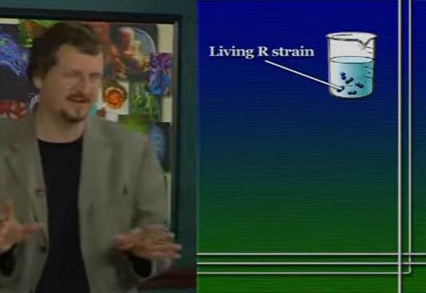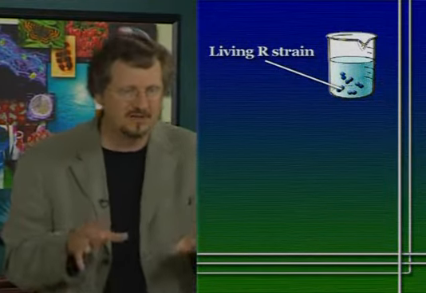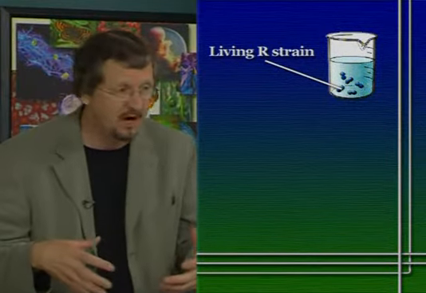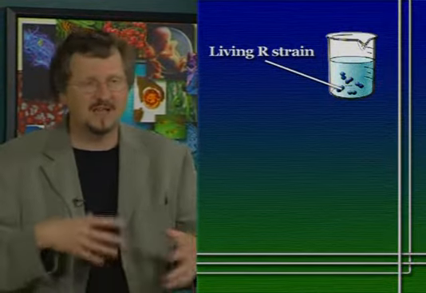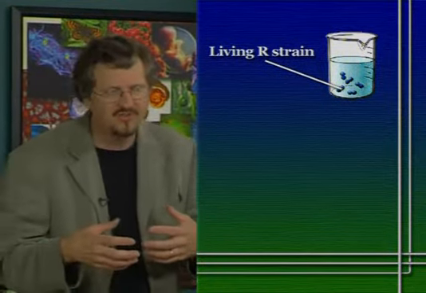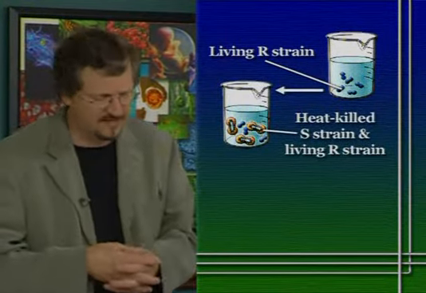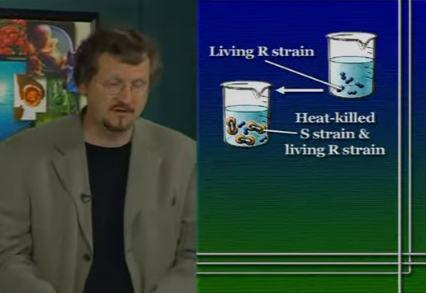The idea here is that the live R-strain bacteria, because they're alive, will induce the organism to develop a full immune response, but it's not going to kill the organism, and that development of a full immune response will somehow pick up some immunity to the dead S-strain bacteria. This is a common technique, and it often works.